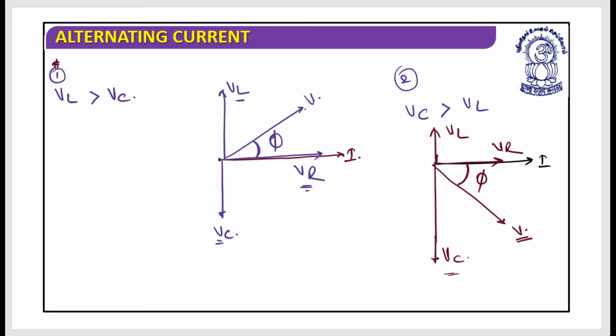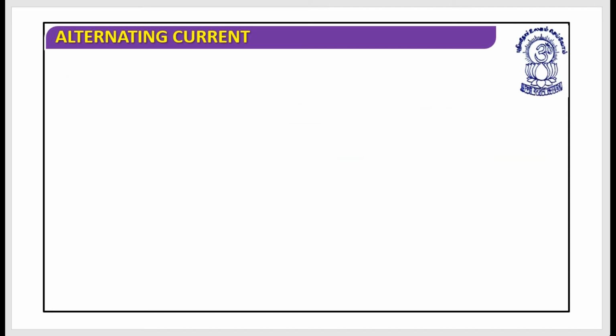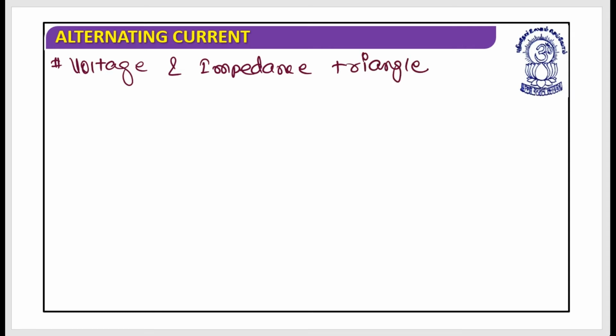But from this, one thing I am sure is that if I plot the voltage and impedance triangle, I could have this, it's a VR.